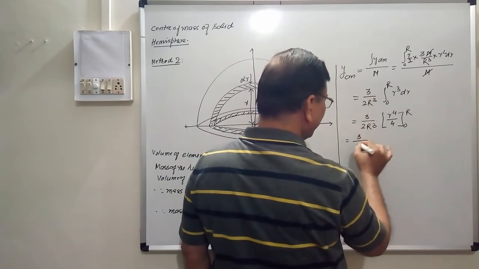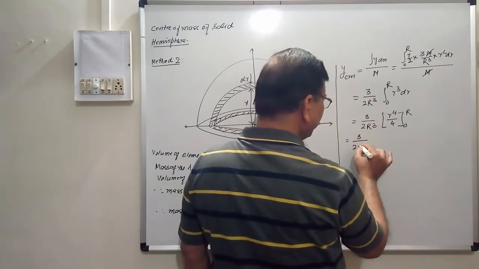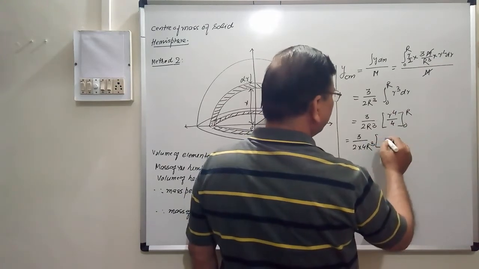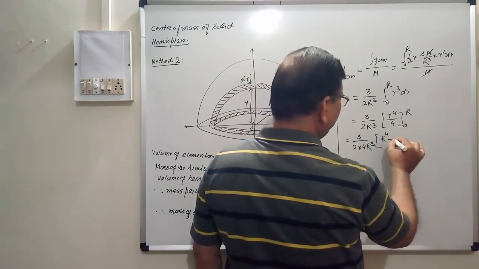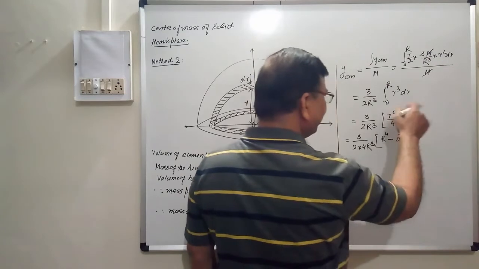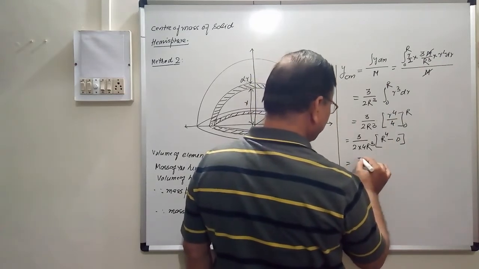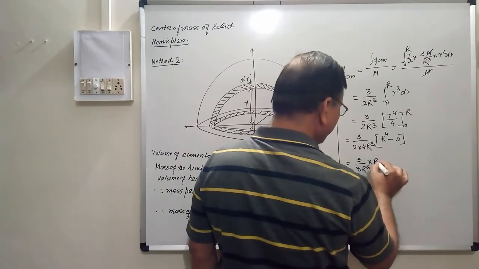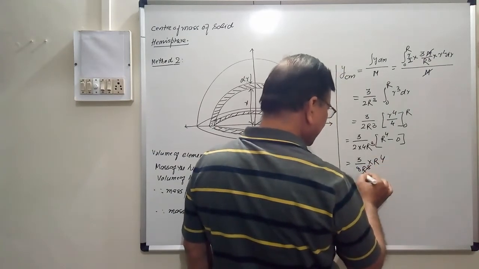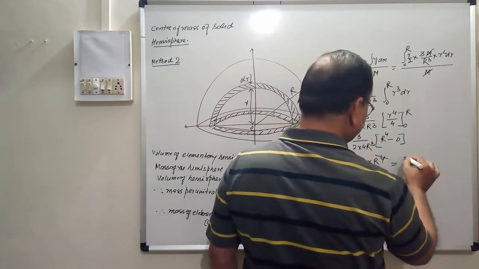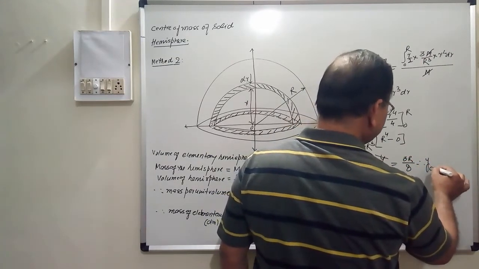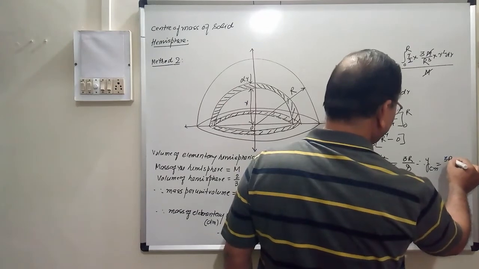So 3 upon 2 into 4 r cube, r to the power 4 minus 0. Putting the limit, this is equal to 3 upon 8 r cube into r to the power 4. This r cube will go with this, that is 3r by 8. Therefore, ycm is equal to 3r by 8.